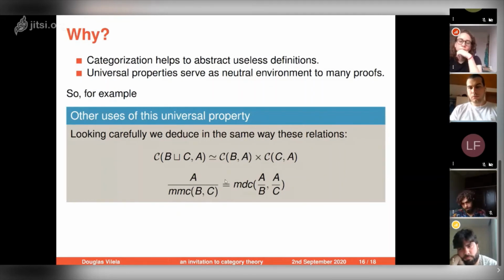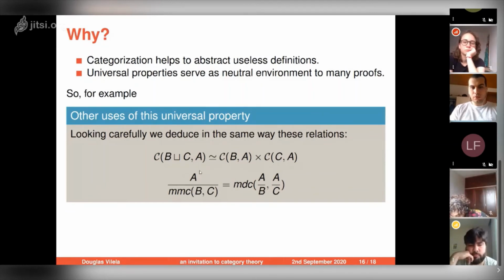So another way that we can use the same universal property is actually in the natural numbers itself. One could argue that we could use that framework of thought to deduce that a fraction between natural numbers is, in quote marks, like a function between two natural numbers.